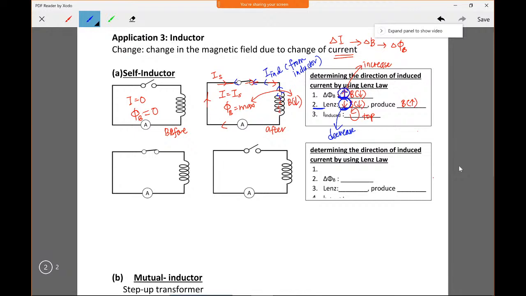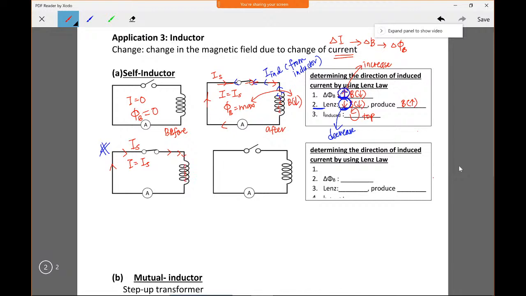Okay, so look at the next one. Now listen properly. When you have the power supply, the current, again, look at here. Initially, the current is equal to the current from the power supply, the one represented with red color.